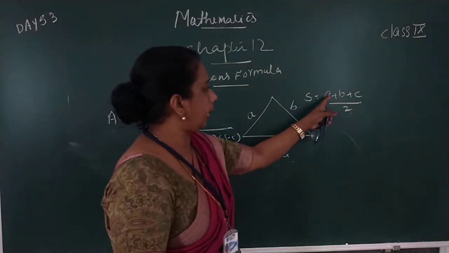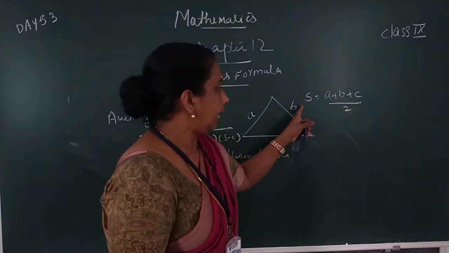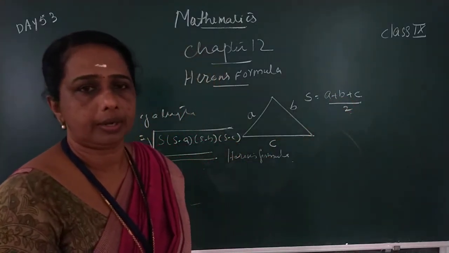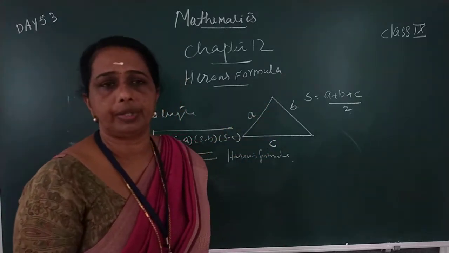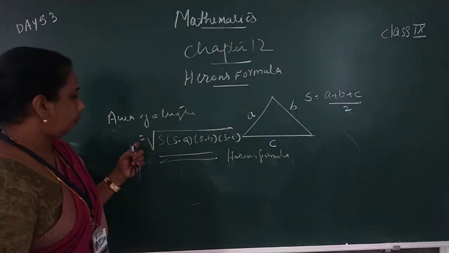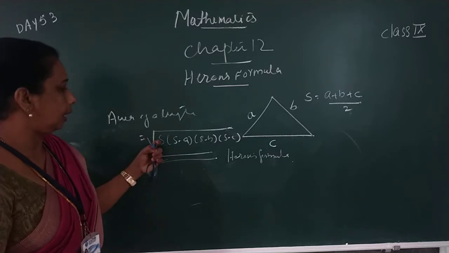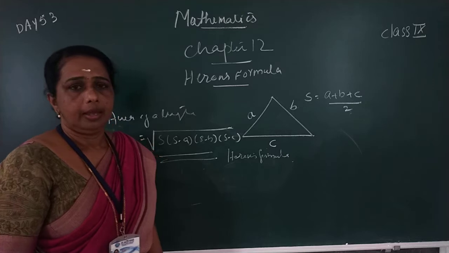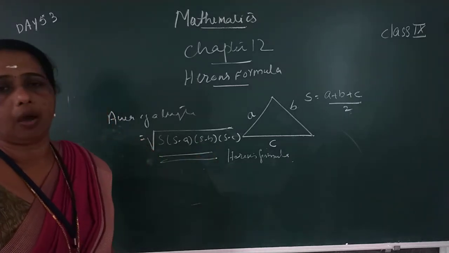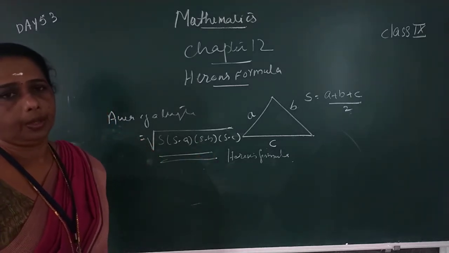S is equal to A plus B plus C by 2. S is a semi-perimeter of the triangle. A, B and C are the three sides of the triangle. Then using this formula, root of S into S minus A into S minus B into S minus C, we can find out the area of this triangle.